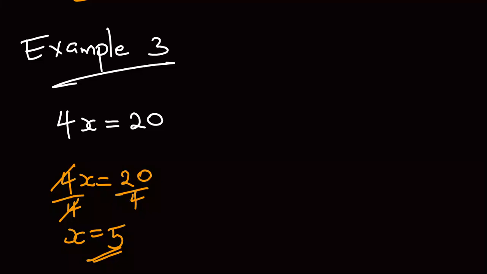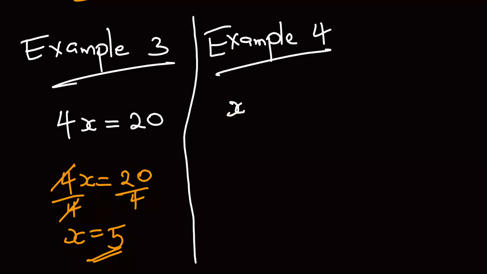Let's look at example 4. x over 7 is equal to 9. This is the same as x divided by 7 is equal to 9. How do we find the value of x? We now have to multiply. We use the opposite sign.